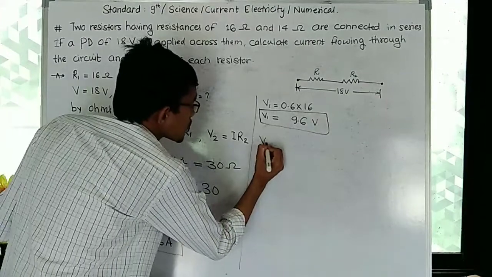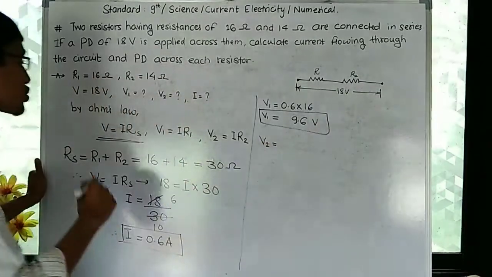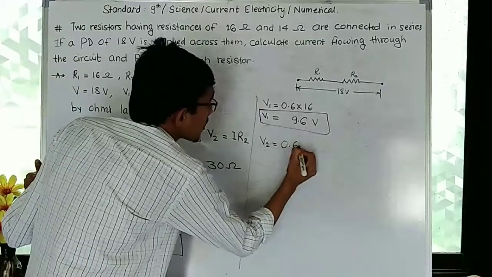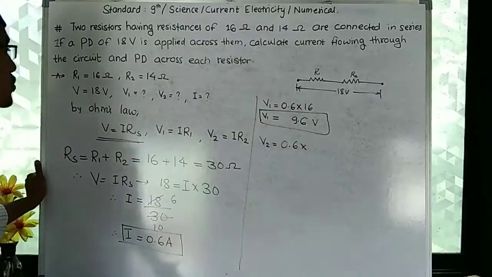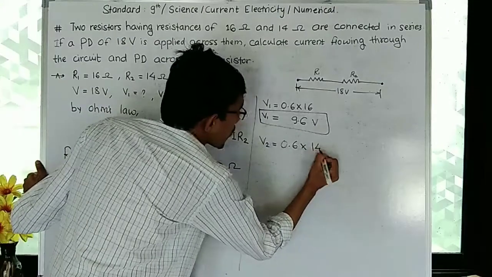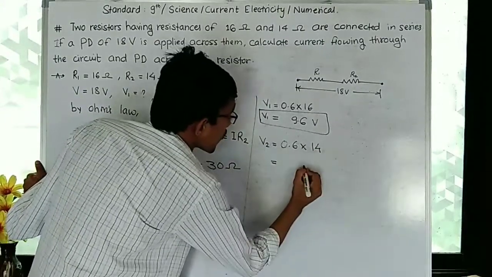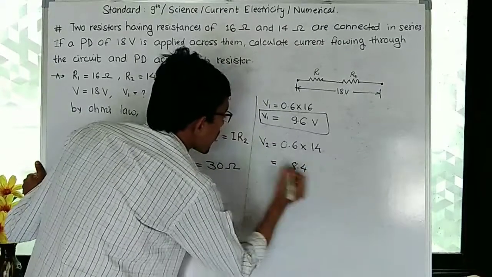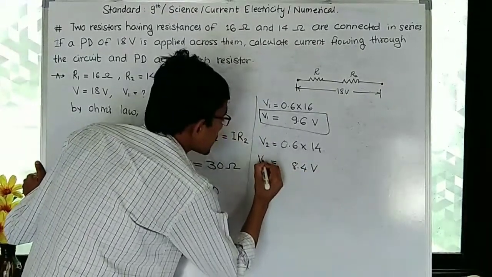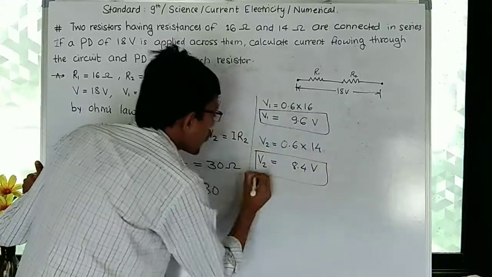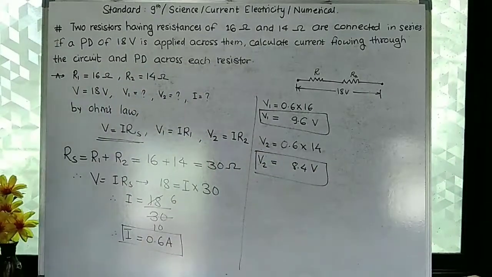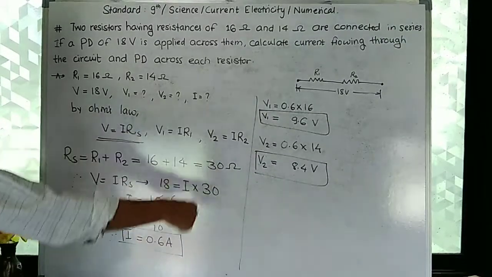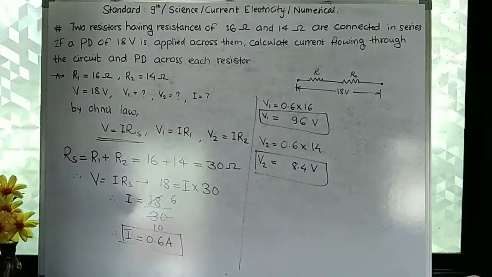V2 is I into R2. I is 0.6 into R2, which is 14. 6 fours are 24, 6 ones are 6 plus 2 is 8. So we get the value of V2 as 8.4 volt. We had to find the values of V1, V2 and I, and those are the values we have found.